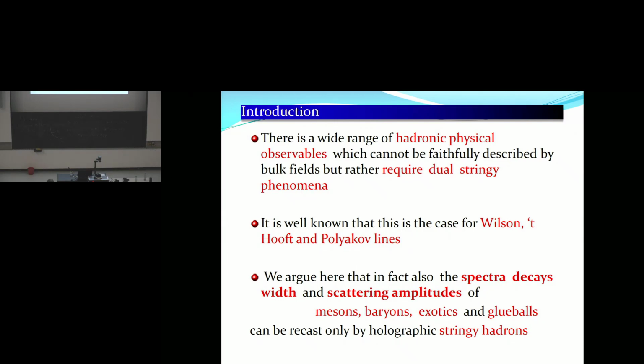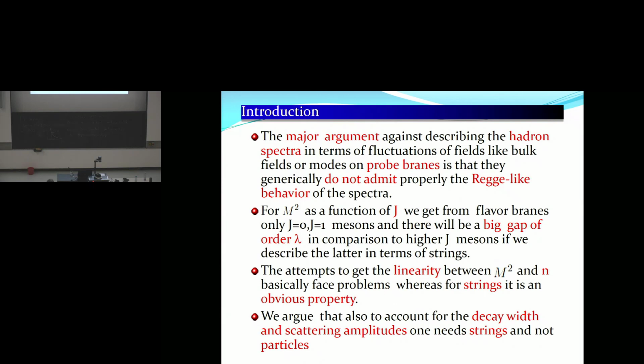And I don't think that there is any way to get them by doing fluctuations of flavor branes or fluctuations of bulk fields to get glueballs. I've done this myself for several years, but now I realize that, at least I think, it's not the right way. The manifestation of that is that the Regge-like behavior of the spectra is a really basic and trivial property of strings, even classical strings.